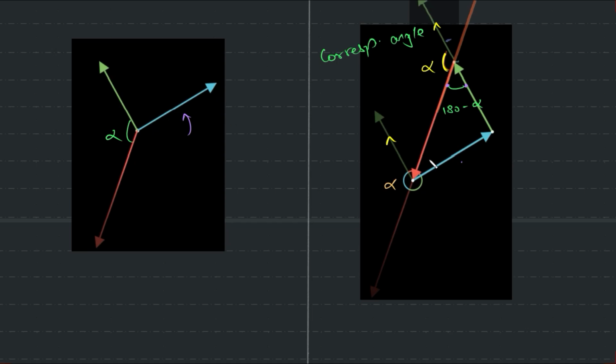Similarly, I can prove this will be 180 minus whatever this angle is, and so forth. Let me standardize this so we have a clear picture. So the mathematical proof will look like this.